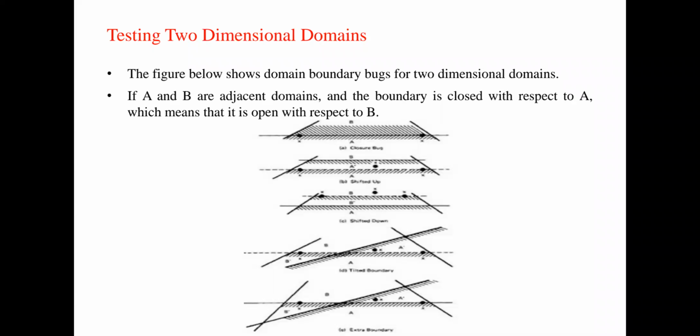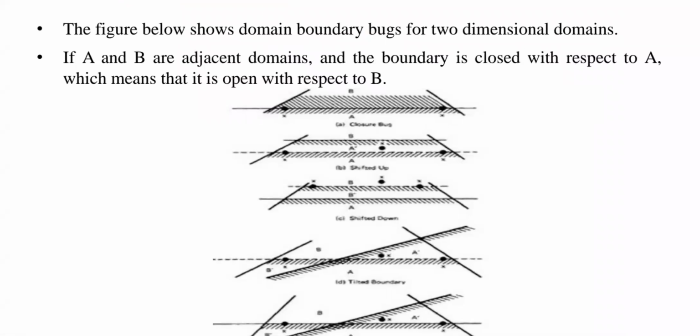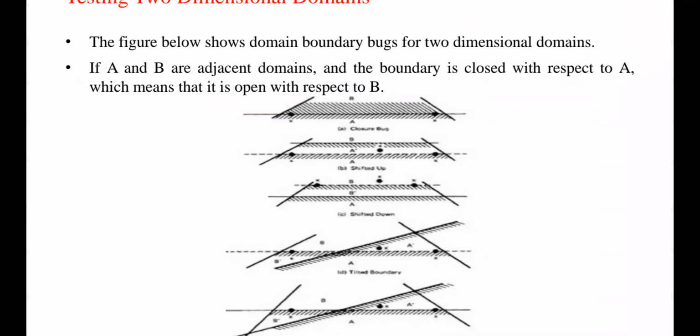Again, these are the different bugs that will arise when you are testing a two-dimensional domain. The figure below shows domain boundary bugs for two-dimensional domains. Here we are representing A and B; that is called the two-dimensional representation.